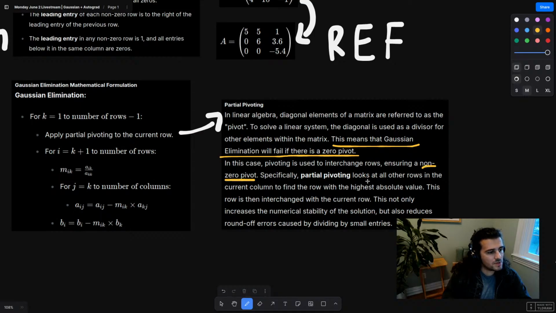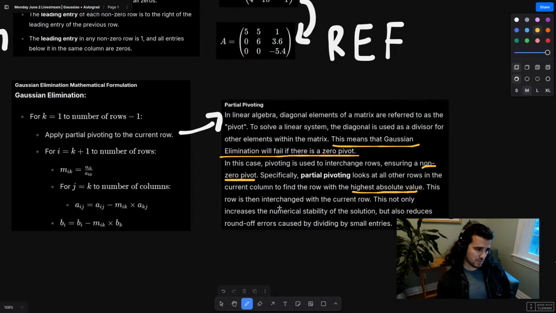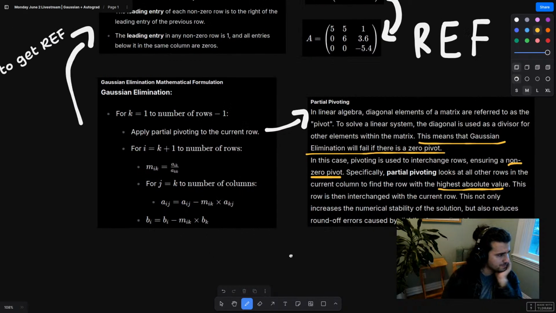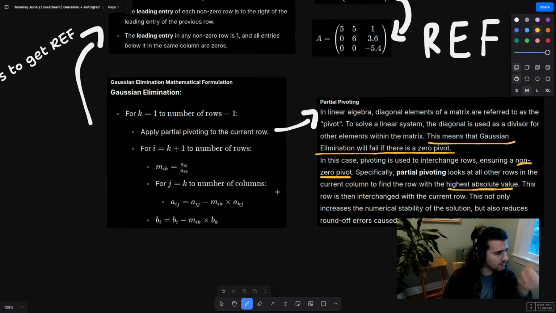Specifically, partial pivoting looks at all other rows in the current column to find the one row with the highest absolute value. So highest absolute value is important. This row is then interchanged with the current row. This not only increases the numerical stability of the solution, but also reduces round-off error caused by dividing by small entries. Nice. We do that.